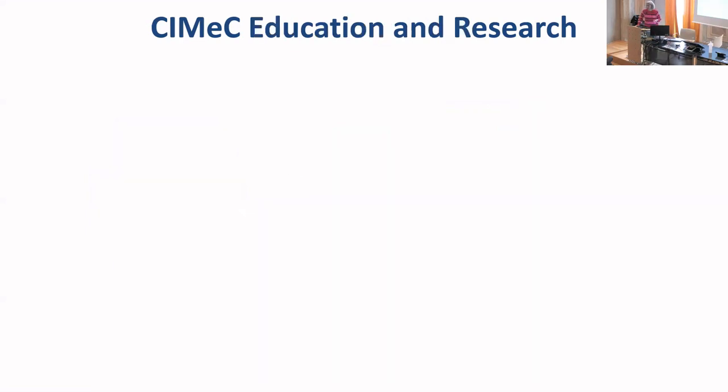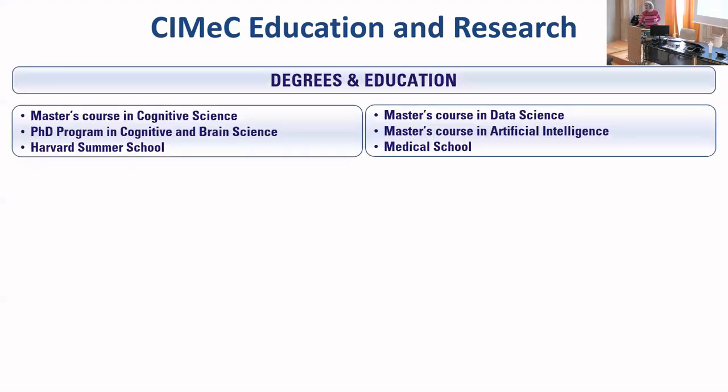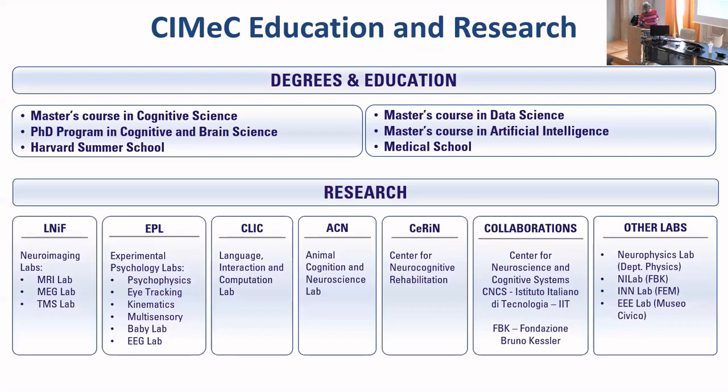So, as I said, education and research are the two main focuses of CIBIO. I'm going to give you an overview of our degree program and the courses that you will follow, and also the different research laboratories and the techniques and topics that we investigate.